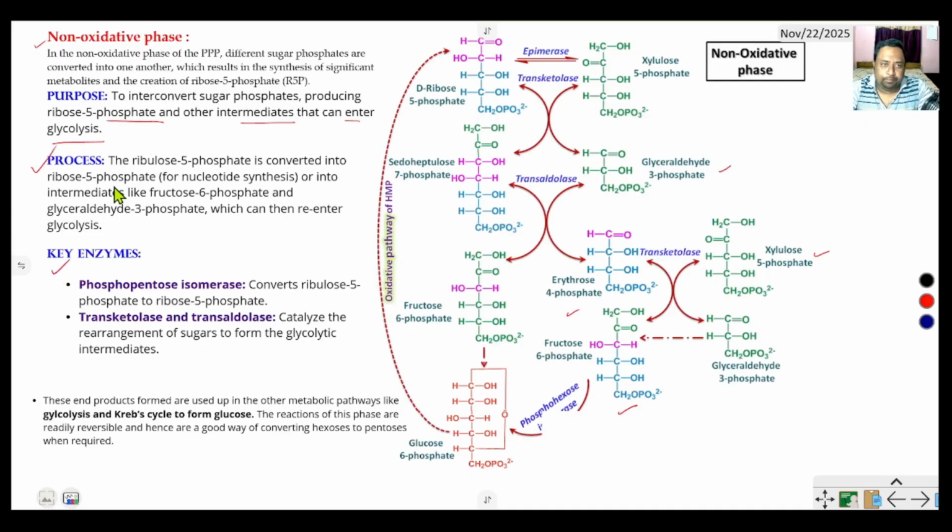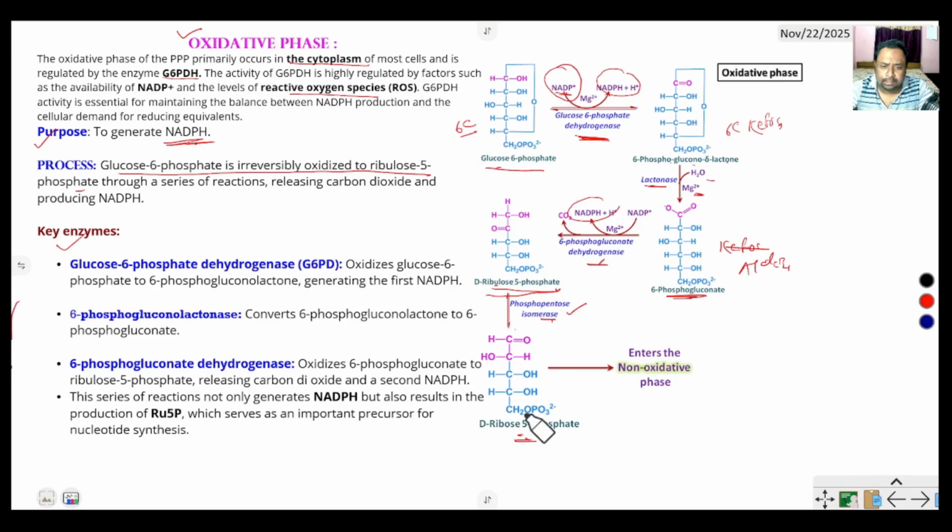The process and key enzyme. The first, the D-ribose 5-phosphate that is produced by the oxidative phase, that is D-ribose 5-phosphate.